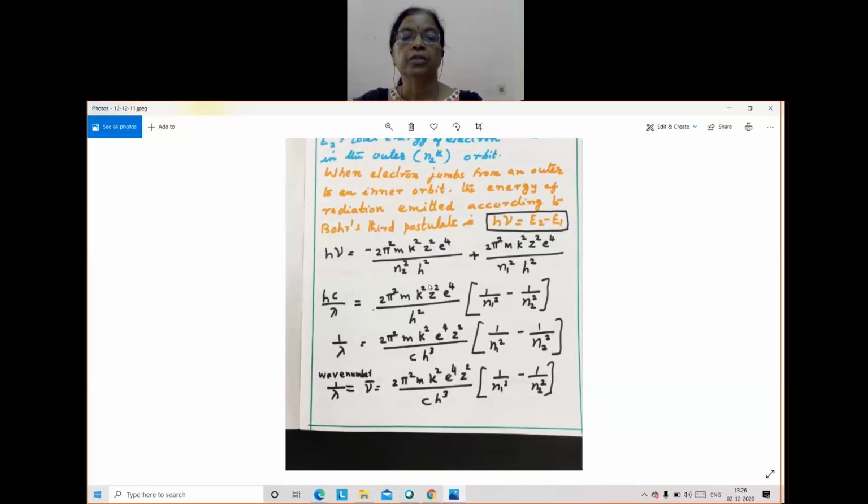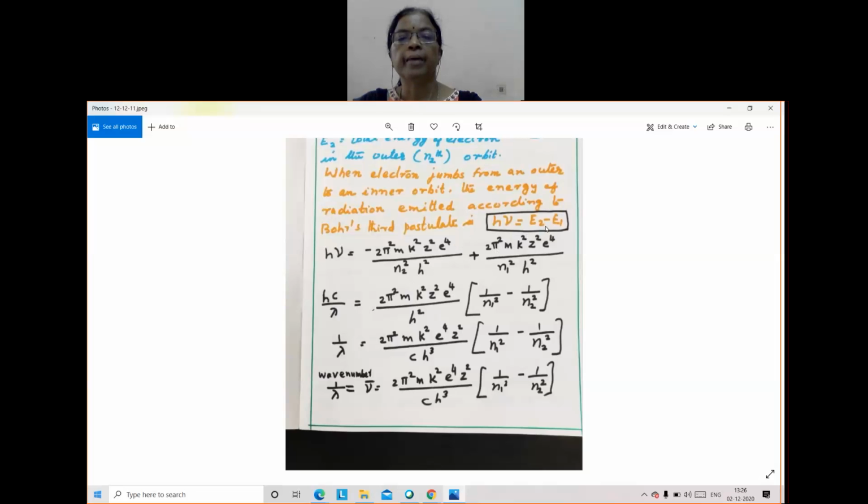So in the n1th orbit and n2 orbit, we already know it has a minus sign. So you should know this equation: minus 2 pi square m k square z square e raised to 4 by n2 square h square. That is E2. And what is E1? In the place of n2, you have to write n1. Understand? That is the only difference.